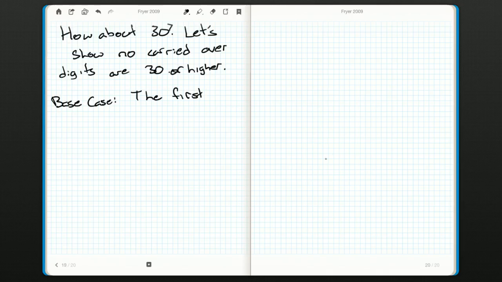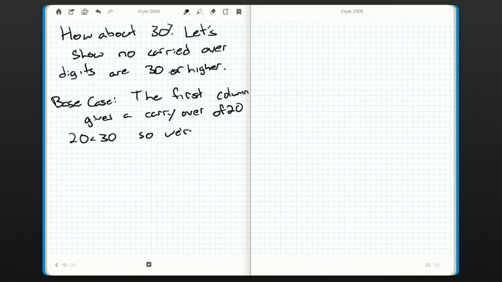So the first column. So now suppose that we're at an arbitrary column.